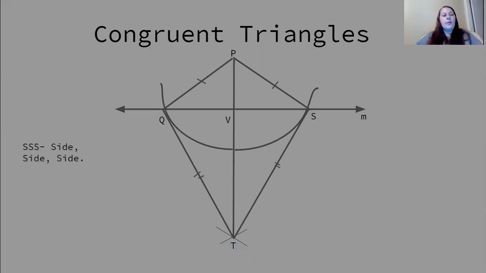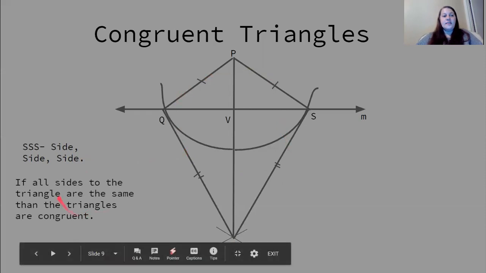So this is what we would call the SSS congruent triangle. It's side, side, side, stating that all three sides are the same length, making the triangles congruent. If all sides of the triangle are the same, then the triangles are congruent.